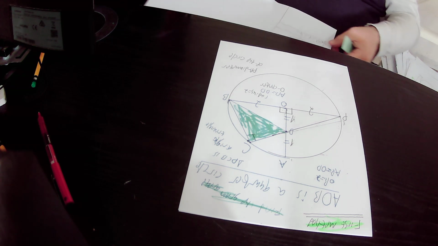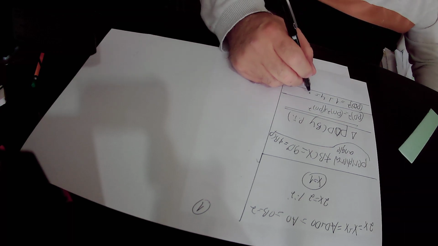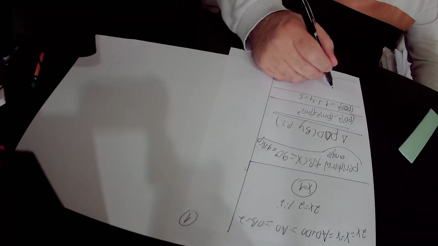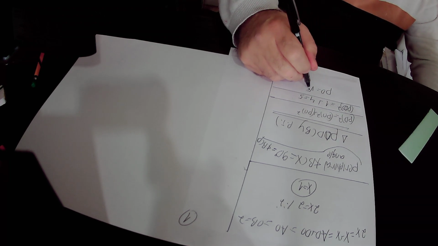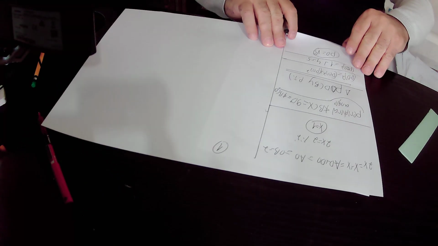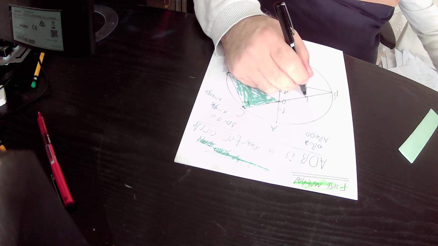So in conclusion, we found out that PD square equals 1 plus 4, that is 5. Here we take the square root of this equation and we get that the hypotenuse PD equals the square root of 5 units.